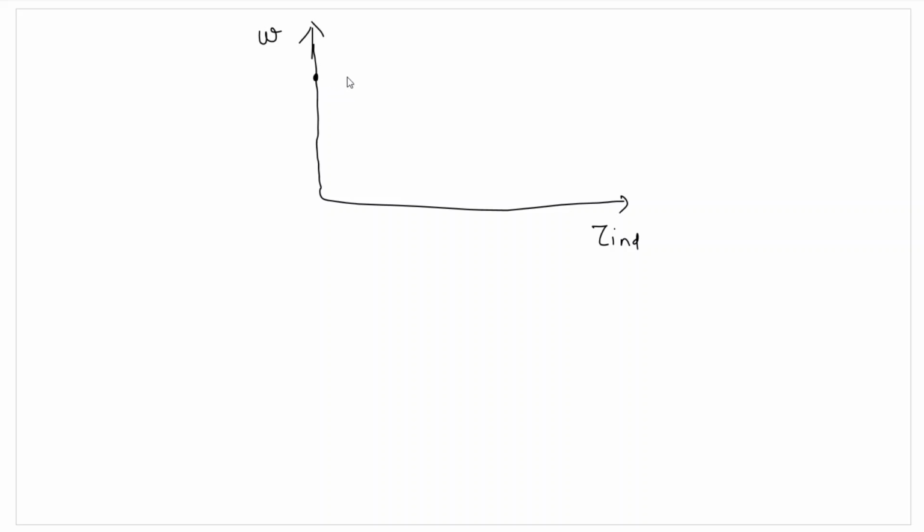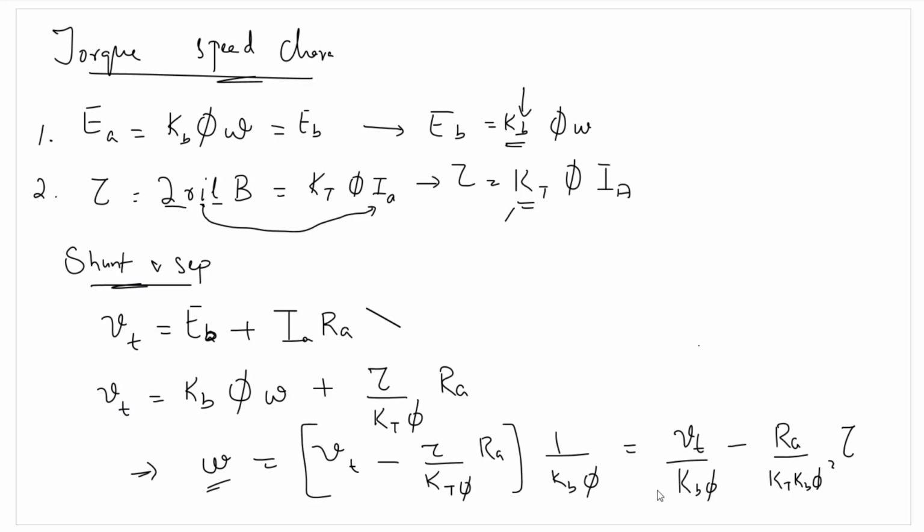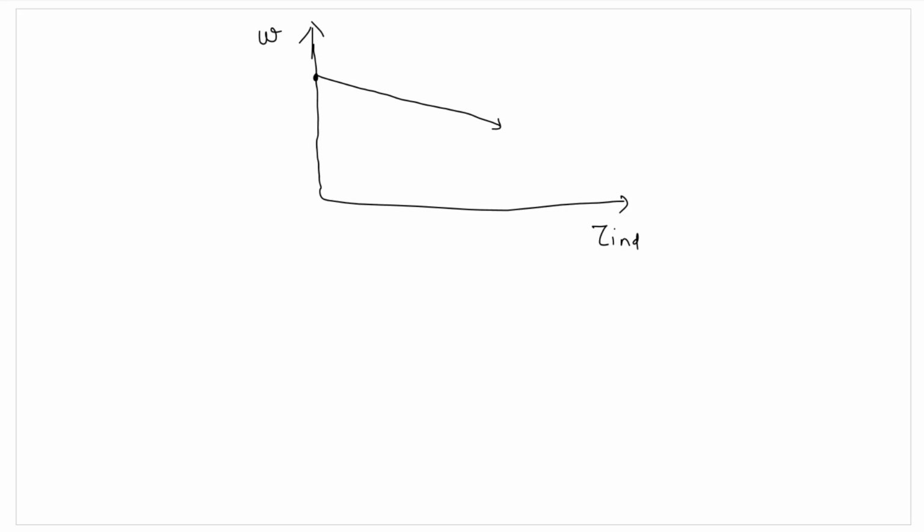As tau increases, omega will simply decrease. So there will be a linear decrease, depending upon the values of Kb and Kt here, while assuming that the flux is constant. So this is the speed torque characteristic of a DC shunt motor and a separately excited DC motor. They will have nearly similar characteristics.